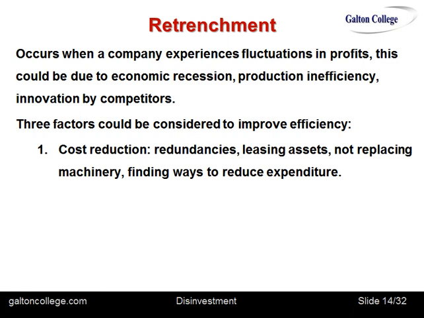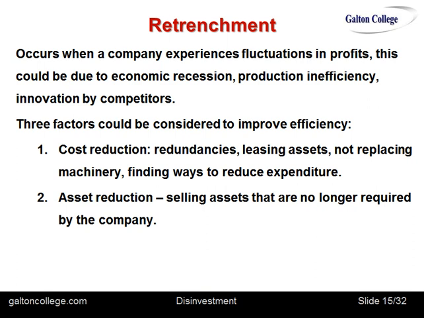First of all, cost reduction, redundancies, perhaps leasing assets as opposed to buying them, not replacing machinery as it wears out. It's a type of retrenchment, just trying to make do without that machinery, finding ways to reduce expenditure. So these cost reduction methods are forms of retrenchment, moving back from the market, not full commitment to the market, moving backwards from the market.